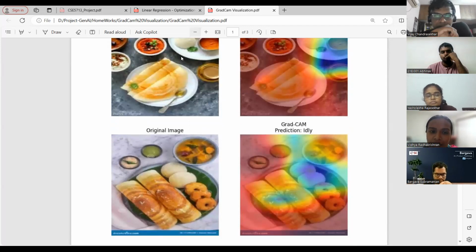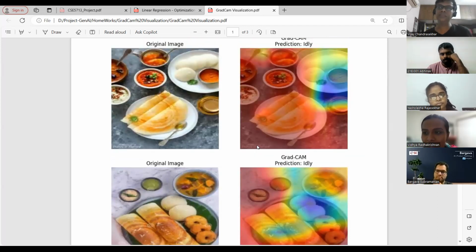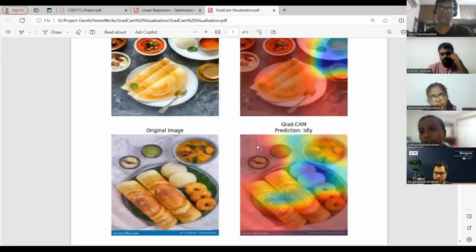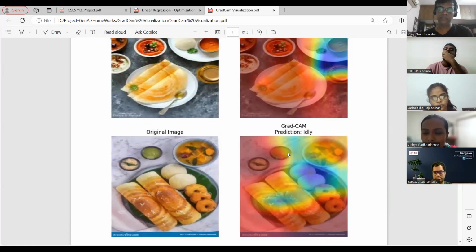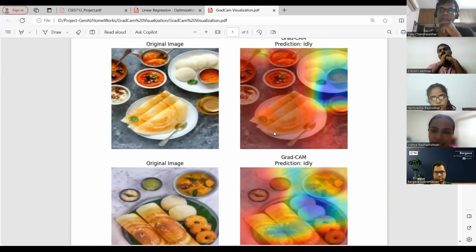Was most of your training data idli? No, I actually had equal amounts. I just wanted to see, if I give an equal number of images in each category, how it predicts. But I'm not sure why it predicted idli instead of dosa, because it's in the middle of the plate, and I was expecting this image to be predicted as dosa.